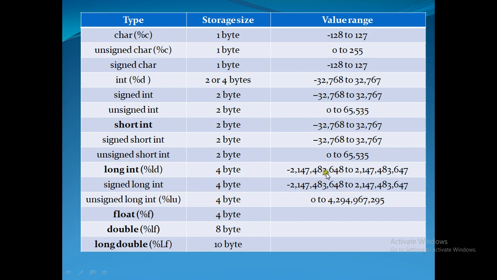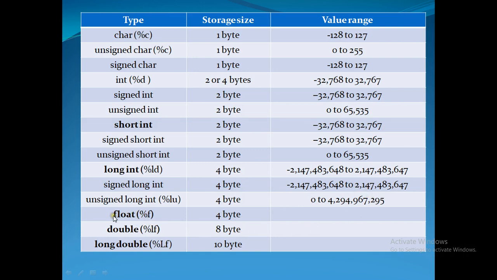Its range is these values. You don't need to remember all these ranges, just remember the character and integer. That is enough. Don't remember this long int range; this is just for your understanding. Signed long int includes negative and positive values. Unsigned long int, only positive values.